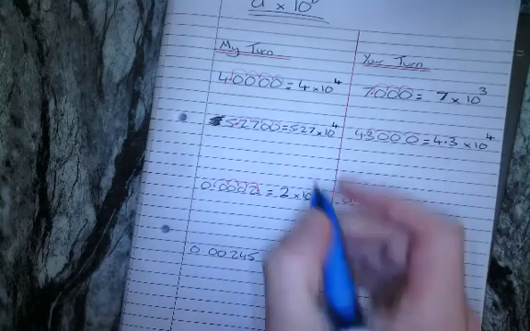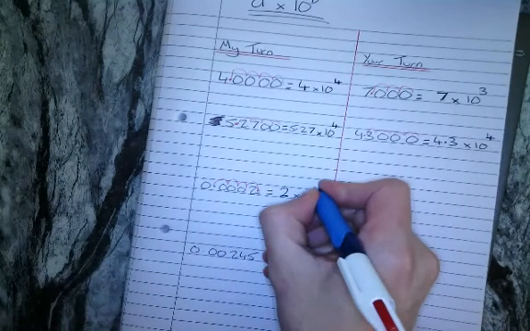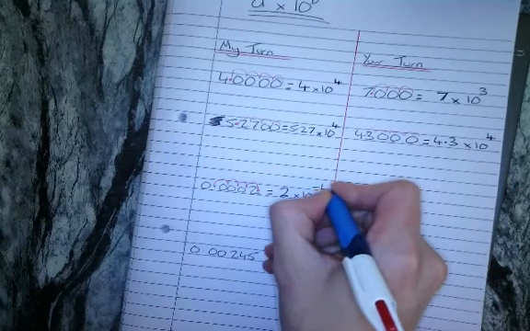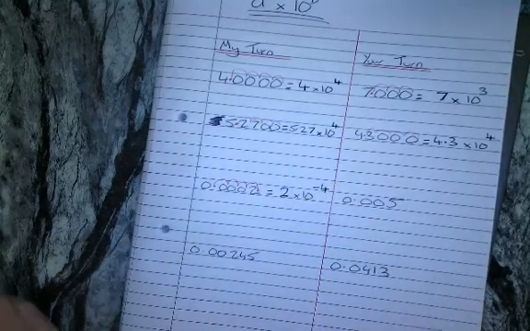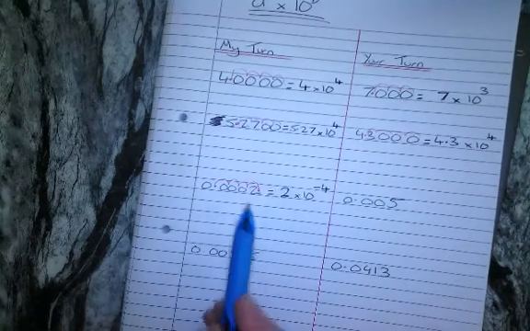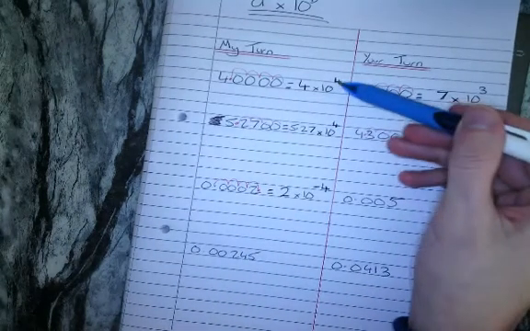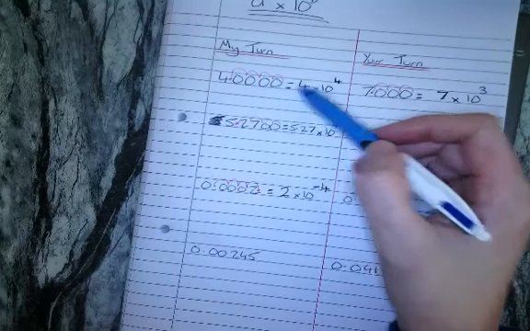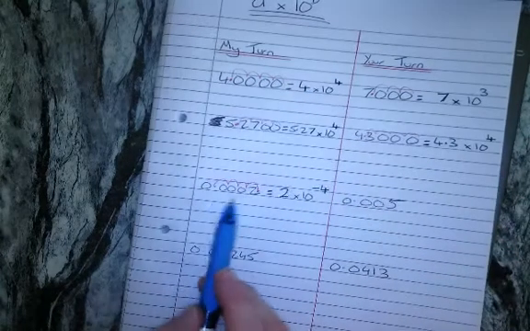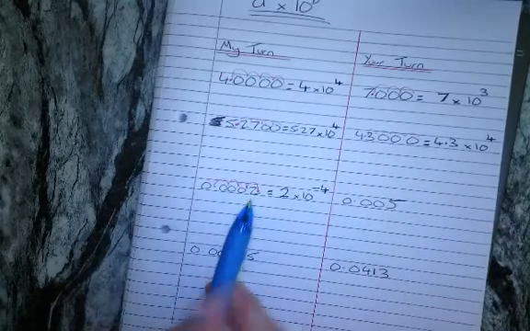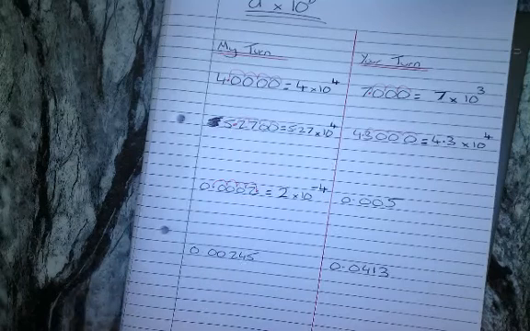What we would say is, because it went the opposite direction, instead of writing 4, we would write to the power of minus 4. So 2 times 10 to the power of minus 4. And that tells you that it's a really small number. So the easy way to remember it would be, if this number is positive, then you're talking about very large numbers. If it's negative, then we're talking about very small numbers.